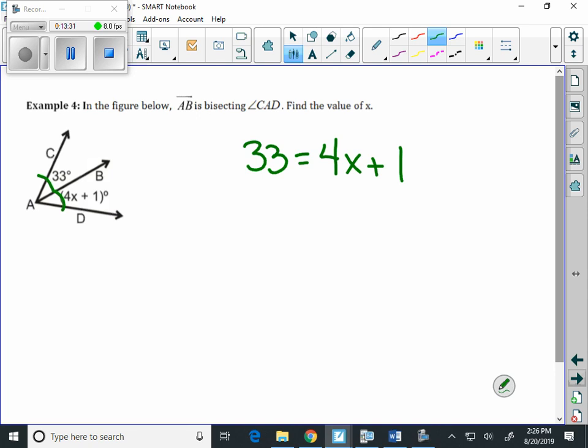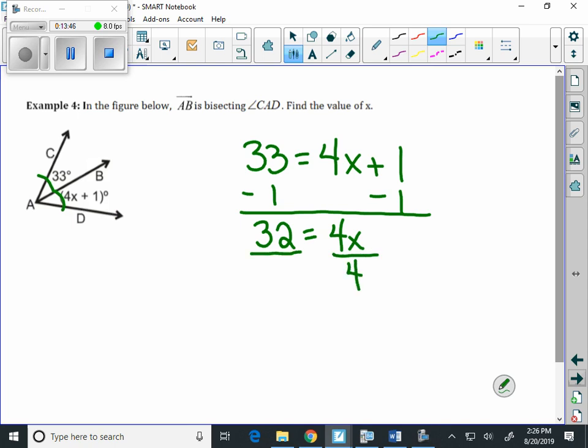We subtract 1 from both sides, and we end up with 32 equals 4x. Then we divide both sides by 4, so x equals 8.